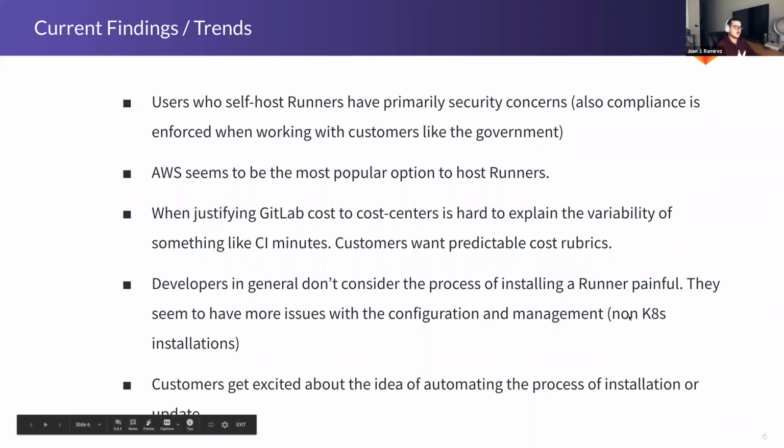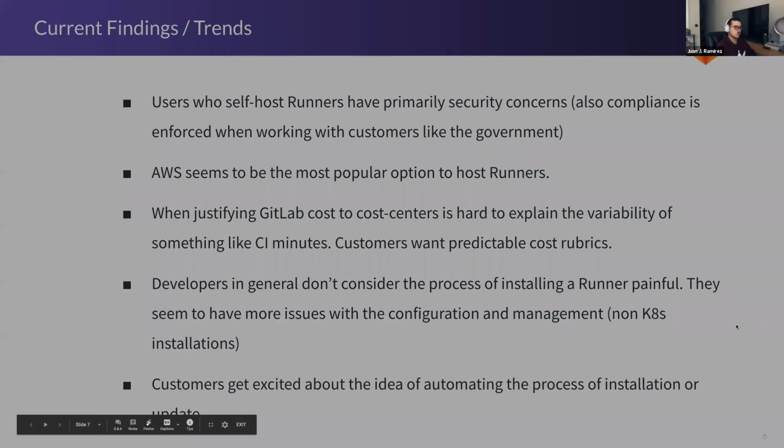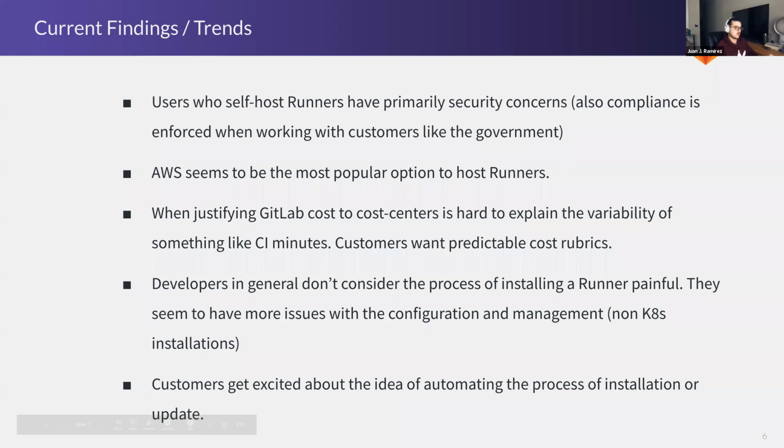And you can tell that because when you talk to customers about the idea of automating the process of installing or updating the runners, they get super excited. They're like, oh yeah, that will be amazing, I would love that. So you get a sense that they actually have some hidden pains that they are not revealing when we talk about this.